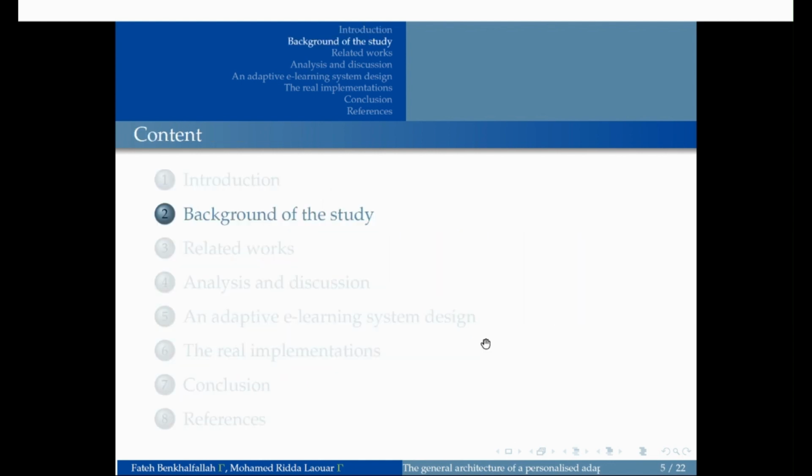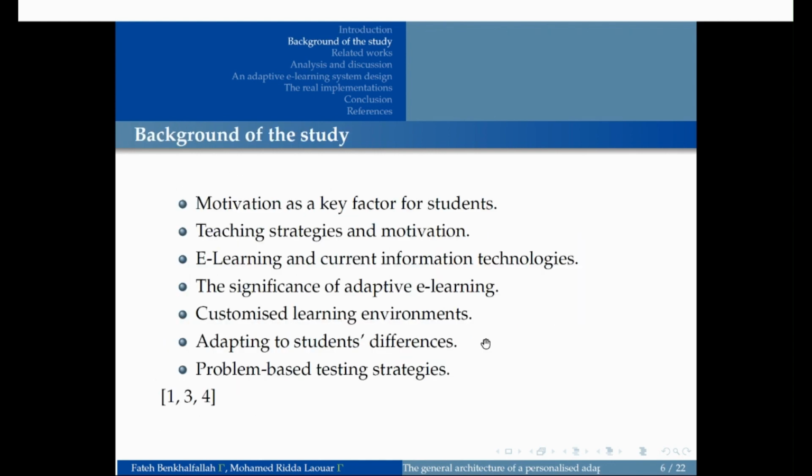Background of the study. One of the most important factors for students is motivation, as it affects the effectiveness of study and the achievement of objectives, including levels of internal and external motivation. Appropriate teaching strategies can greatly improve student motivation.